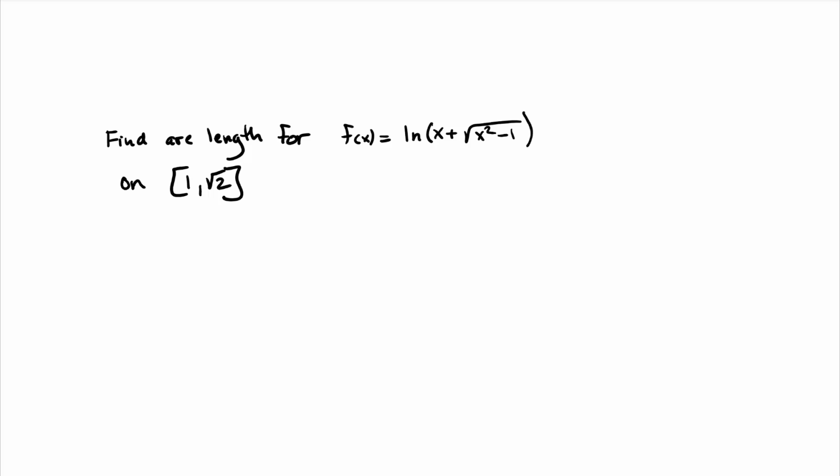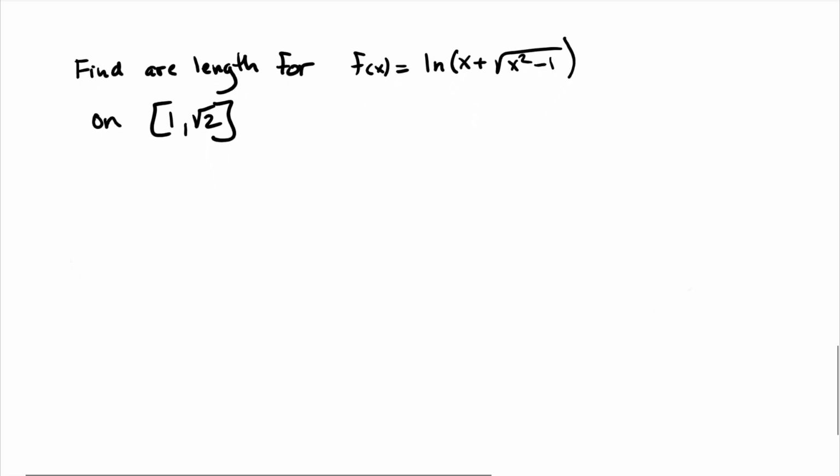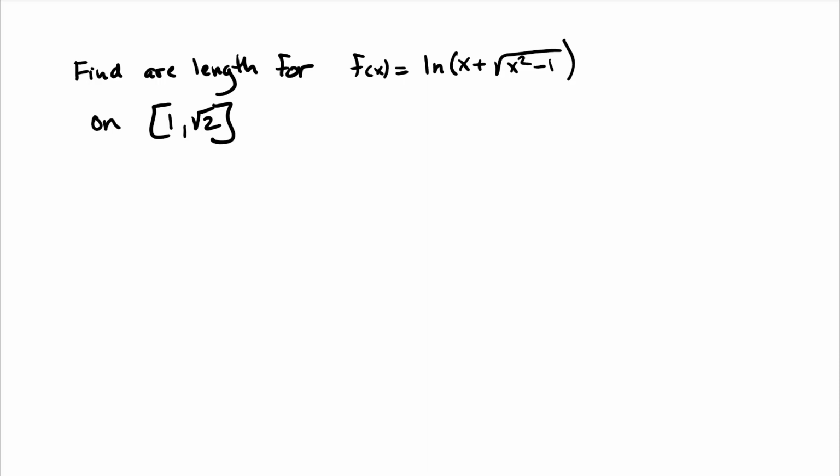All right. Find the arc length for f of x is equal to the natural log of x plus the square root of x squared minus 1 on the closed interval from 1 to root 2. And if you saw what I just erased, then maybe you understand where we're going to go with this. Because good luck.